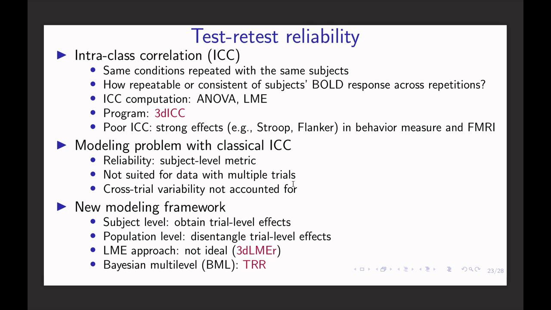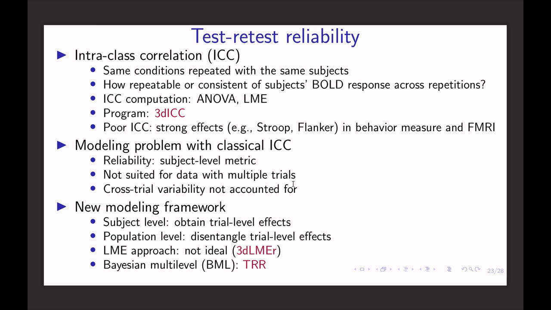about the traditional ICC. So this problem is actually associated with the typical FMRI problem that ignores cross-trial variability. That's exactly the same problem with the traditional intraclass correlation.